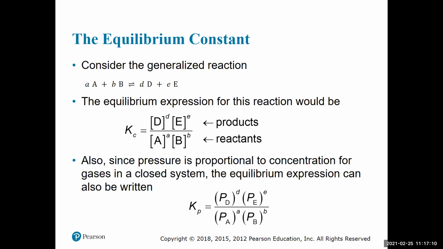We said that the equilibrium constant in this formula in the middle is really saying concentration of products over concentration of reactants. So if that K value is a big number, do we have more products or more reactants? More products, because for that K number to be big, the numerator's got to be a lot bigger than the denominator. And then vice versa. If the K value is little, then the denominator needs to be big. So it means we have more reactants than products.